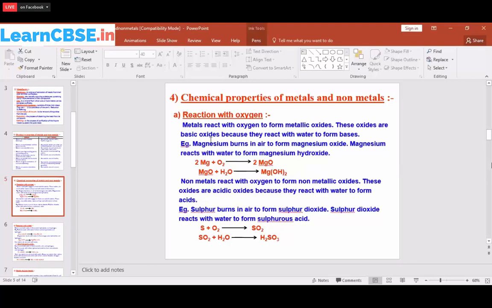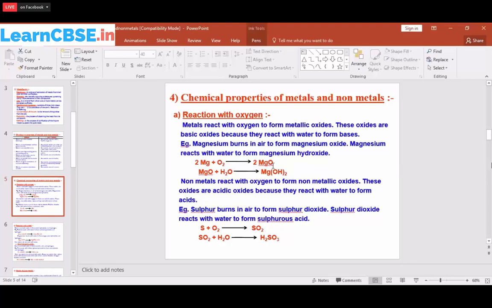Reaction with oxygen is what we call a combustion reaction. Metals react with oxygen to form metallic oxides. These oxides are basic oxides because they react with water to form bases. For example, when magnesium, Mg, is treated with O2, we get MgO, magnesium oxide.